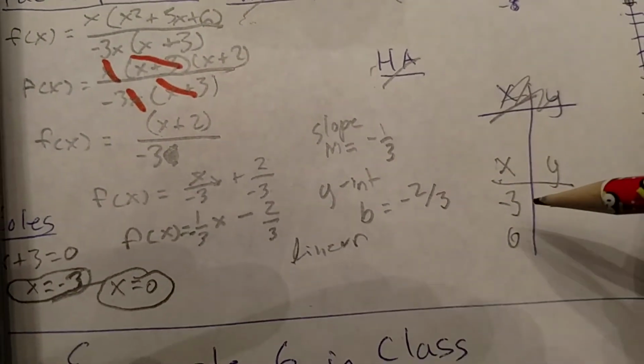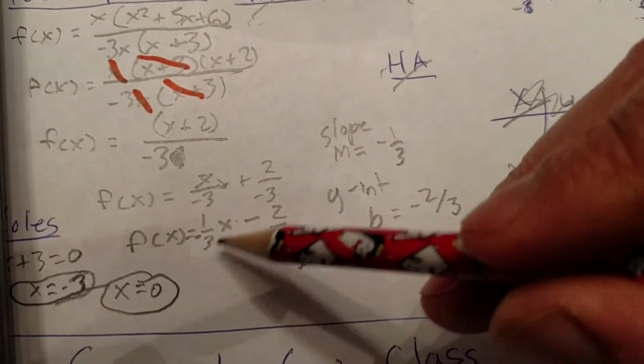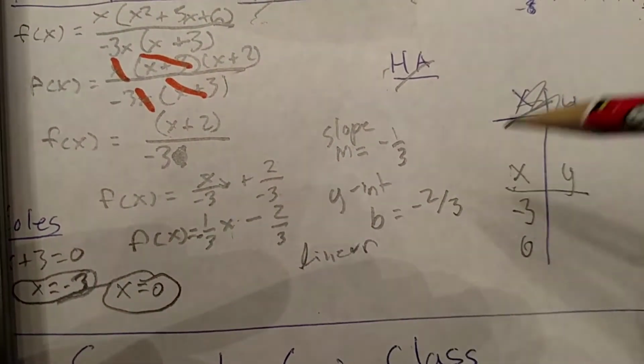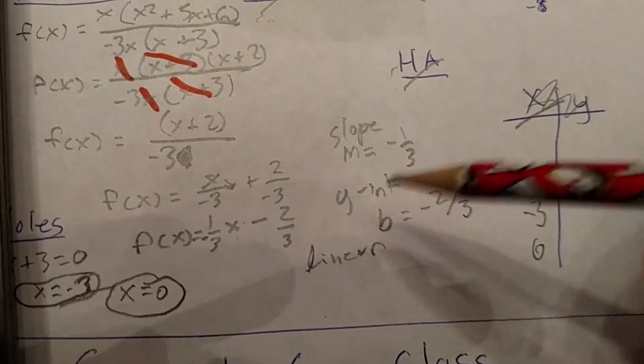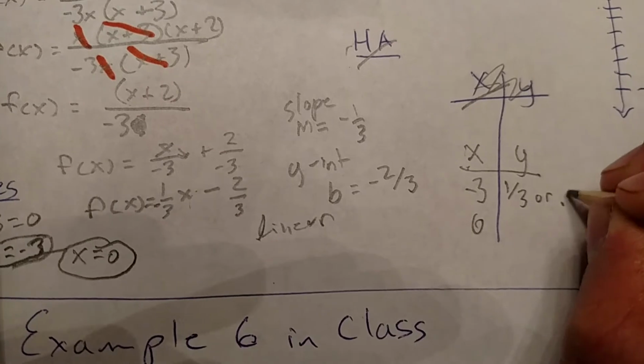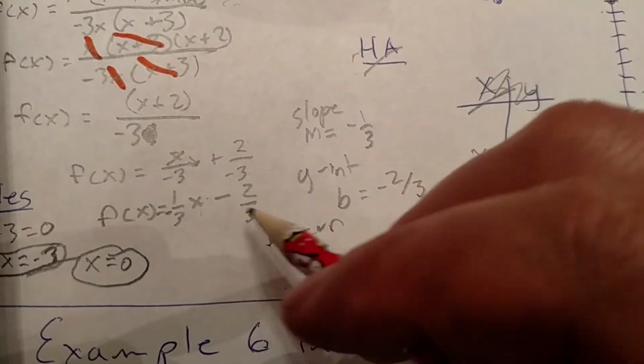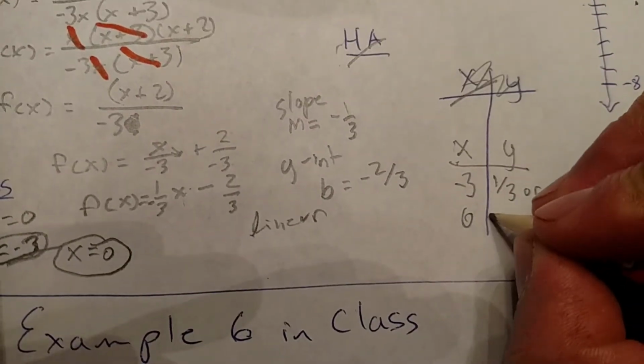Plug in x, -3. I'm going to do this mentally to make it quicker. -3 times -1/3 is +1. +1 minus 2/3 is 1/3, or 0.3. And then plug in 0, I get -2/3.